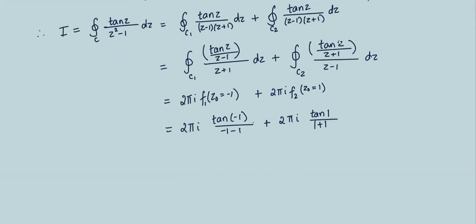Okay, f2 is this function, so here we have to put 1. So tan 1 by 1 plus 1. Here we get tan of -1 by -1 -1. So we get 2 pi I into tan 1 upon 2 plus 2 pi I into tan 1 upon 2. So this will be 2 pi I tan 1. This is the answer.